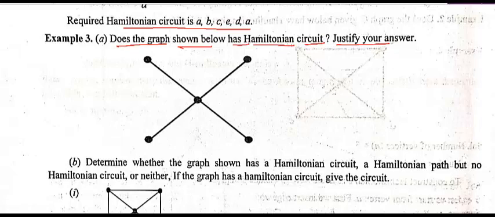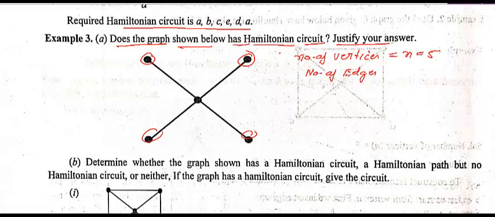Let us suppose you tell me how many vertices there are: 1, 2, 3, 4. Correct? So the number of vertices is equal to n, and n is equal to 5. And the number of edges is equal to 4.